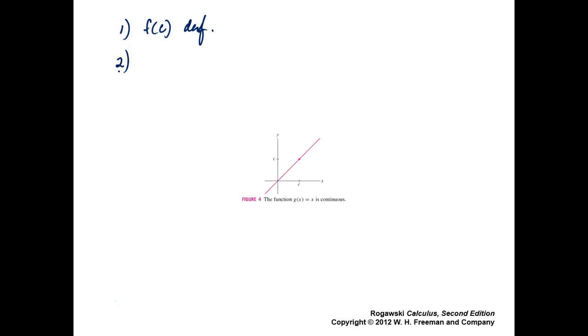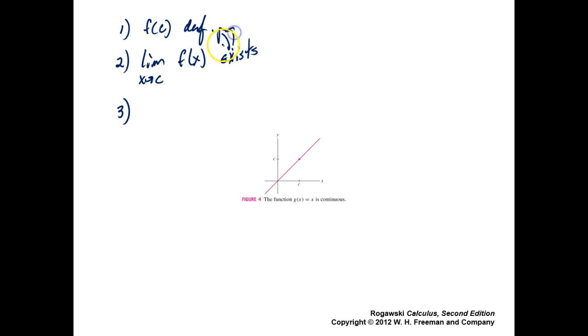Secondly, the limit as x approaches c of f of x has to exist. That limit must exist. But the third part is that these have to be equal.